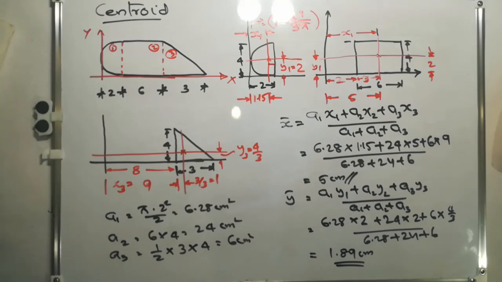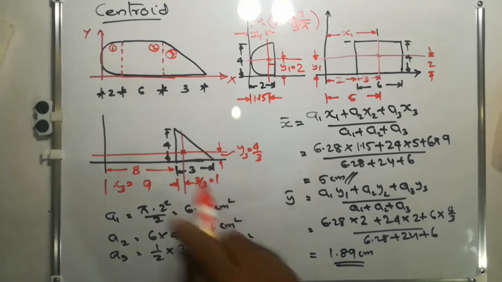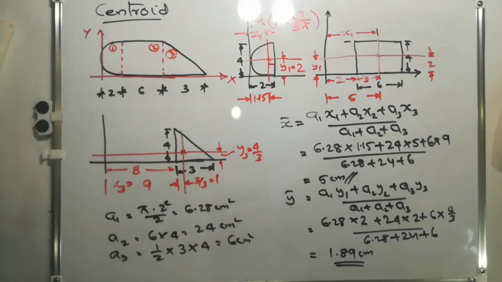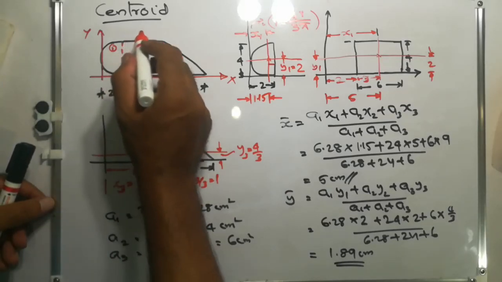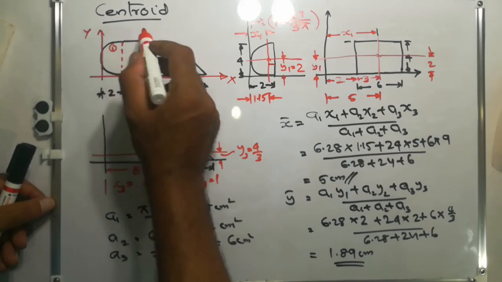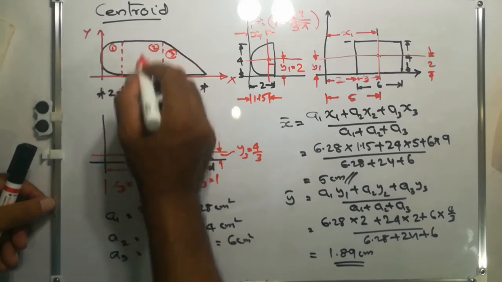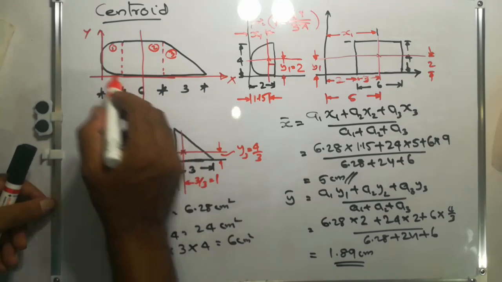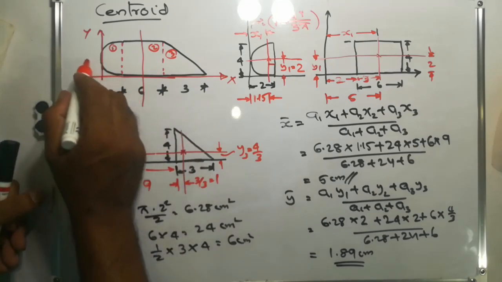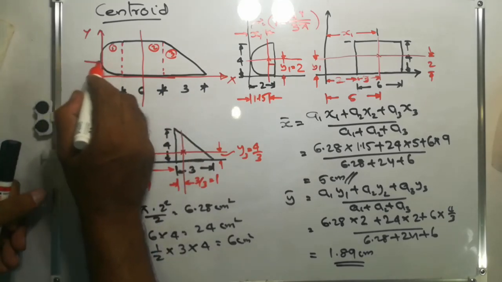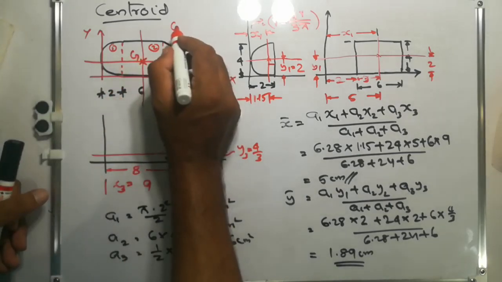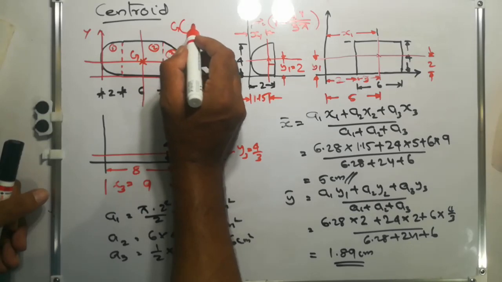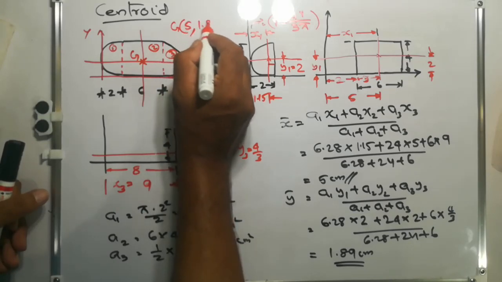So we know the centroid of this complex area: x bar is 5 centimeters, so it will be here, and y bar is 1.89, just below the center. This will be G, and G's coordinates are x is 5, y is 1.89.